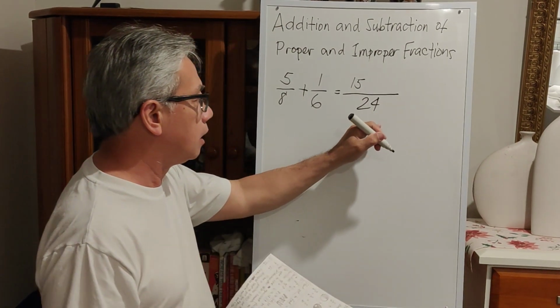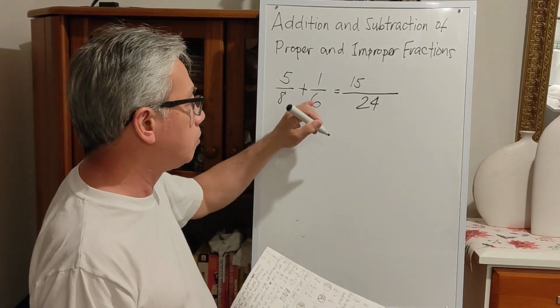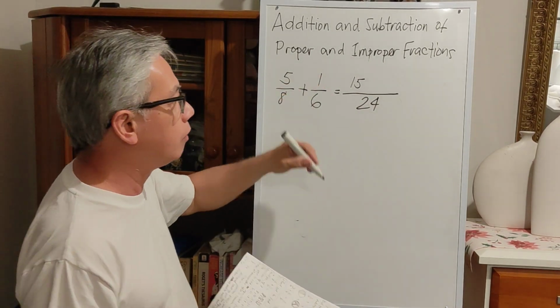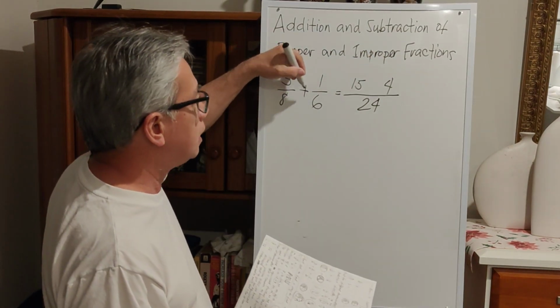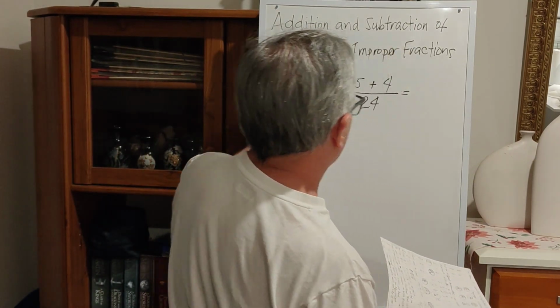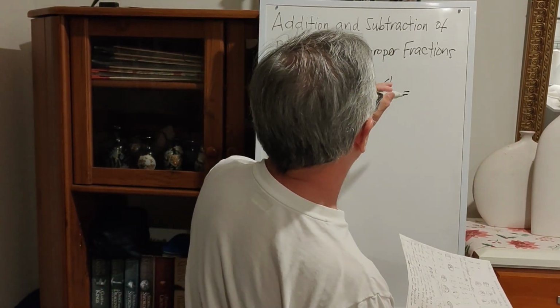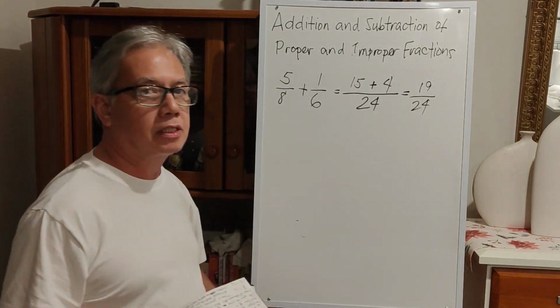In the same way, 24 divided by 6 is 4, so we multiply 1 by 4, and this becomes 4. And then this is addition, so we put a plus sign. 15 plus 4 is 19 over 24. So that is a shortcut.